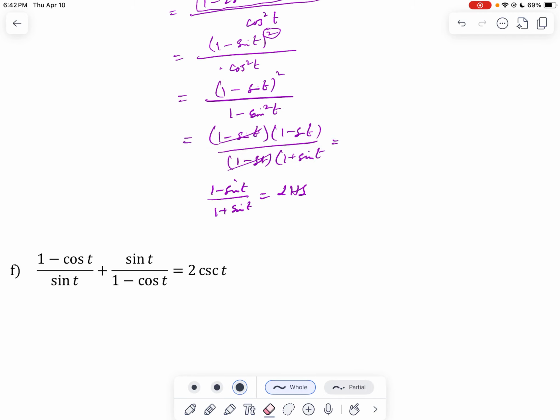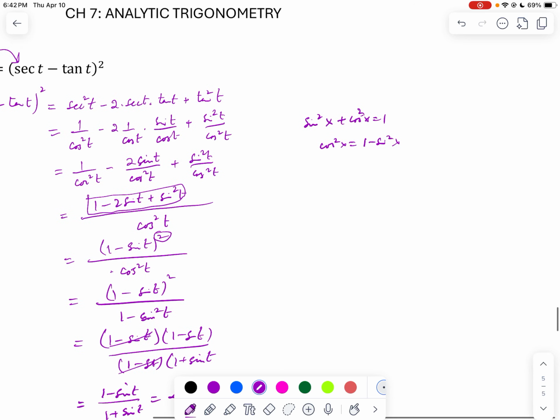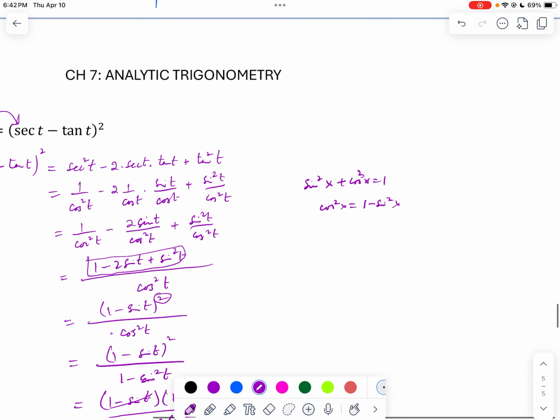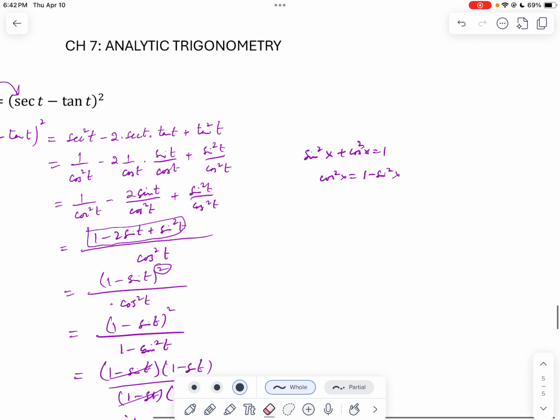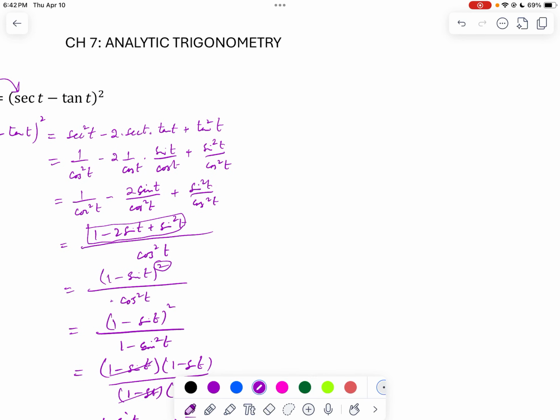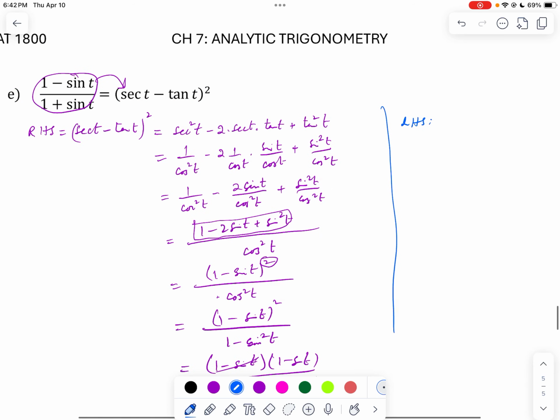Okay, I would like for you guys to work with the other, starting from the other side. Show how we can get to the right hand side. So starting at the left hand side, the hint is multiply top and bottom by 1 minus sine t.